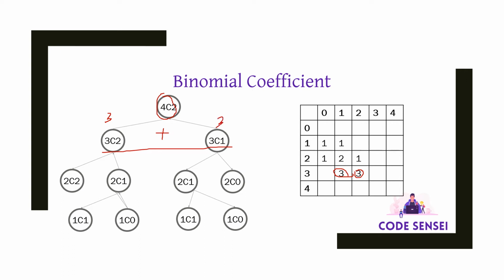So adding them up will give us the value of 6, which we will store in the place of 4C2. So we have found the value for 4C2, and this is the answer for our problem.